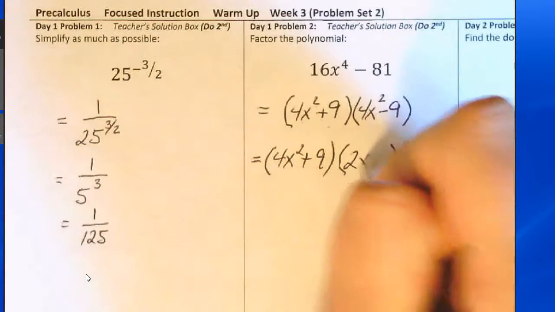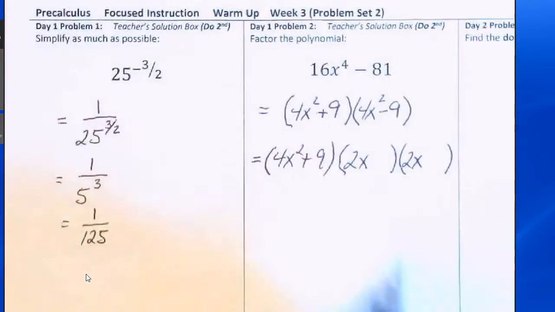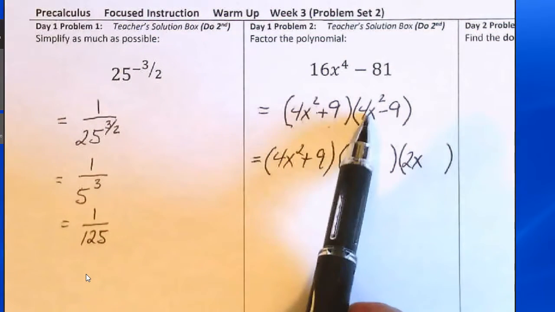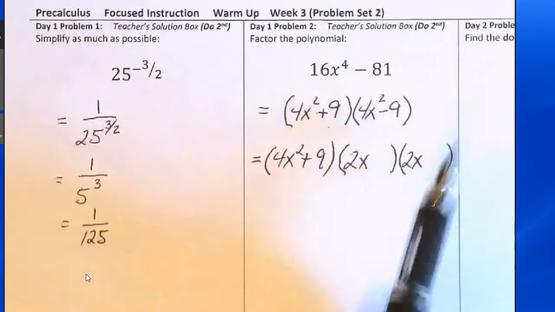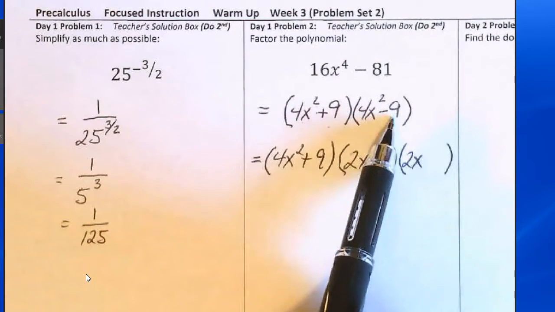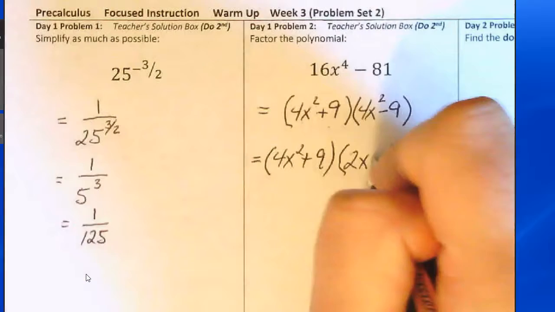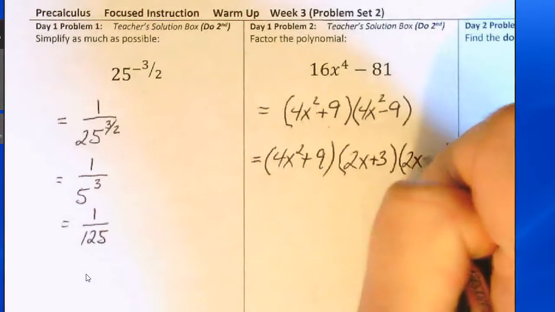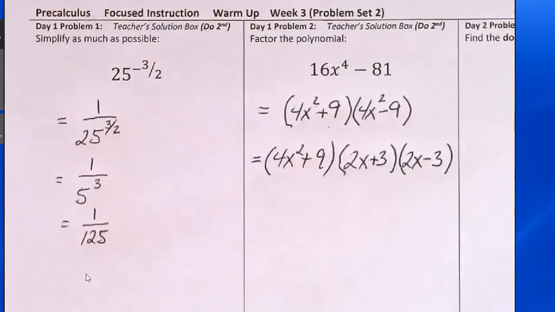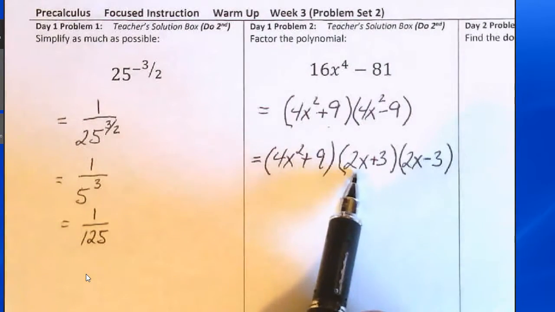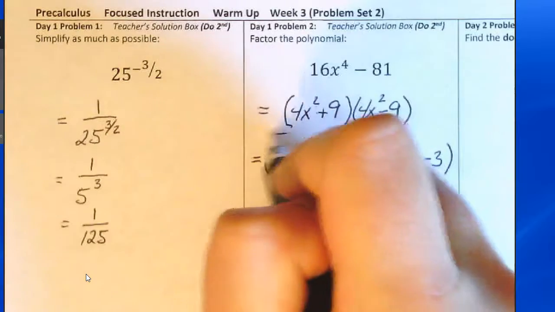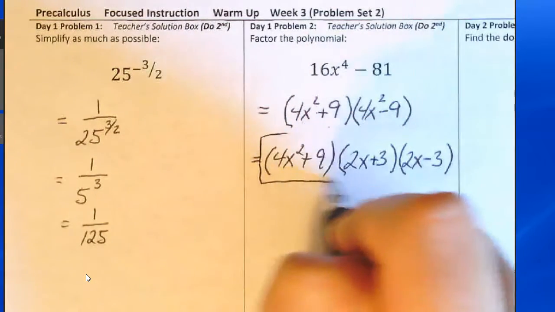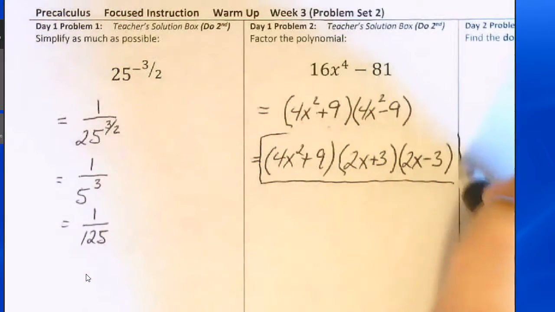That would be 2x times 2x. 2x times 2x is 4x squared. This number here and this number here we get by taking the square root of 9. That would be a positive 3 times a negative 3. Quick check to make sure these don't factor any further, and they do not. So here is the factored form of the original polynomial.